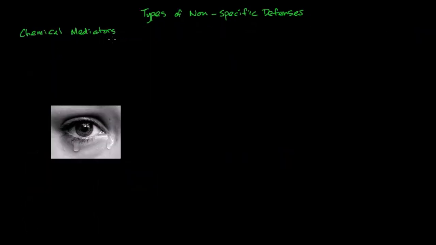The next type of non-specific defense are called chemical mediators. These are chemicals that begin a non-specific defense. There are four types of chemical mediators. The first one are called enzymes.